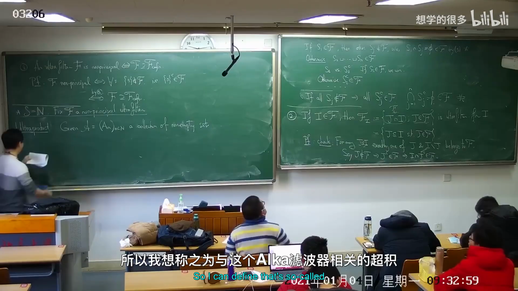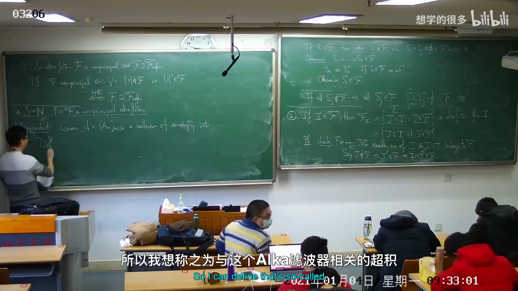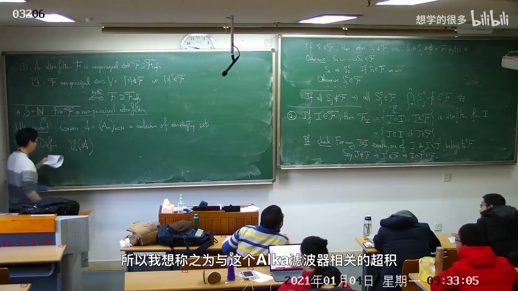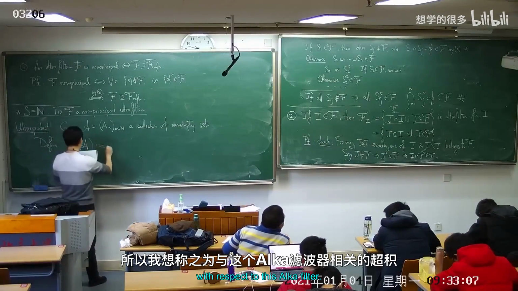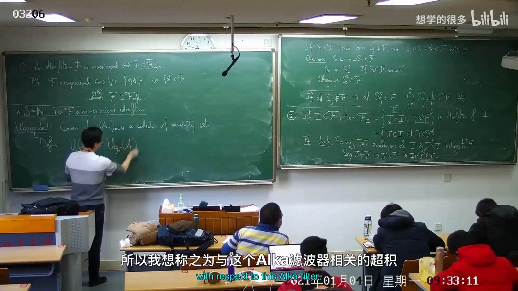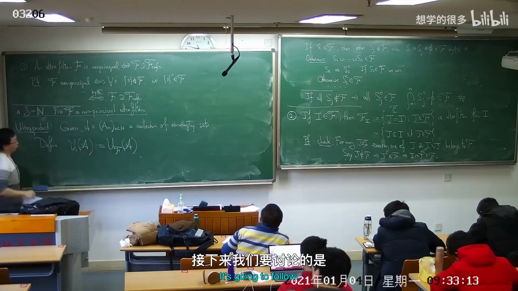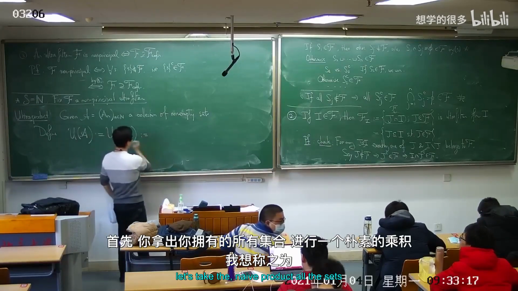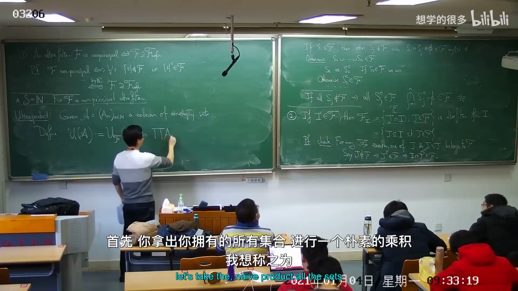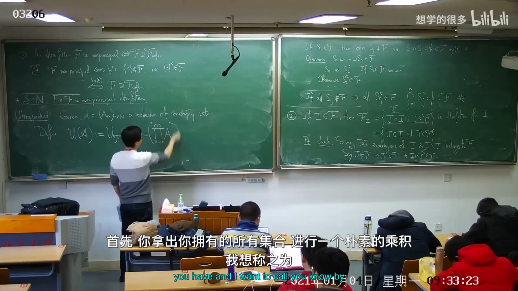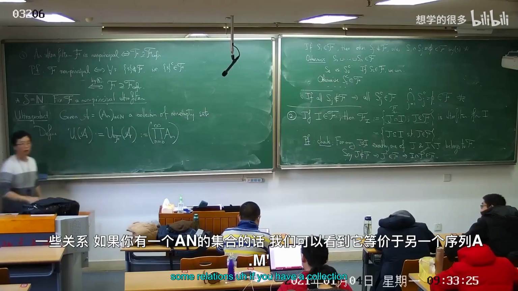So I can define a so-called ultra product with respect to this ultrafilter to be the following. First of all, you take the naive product of all the sets you have, and I want to quotient it out by some relation.